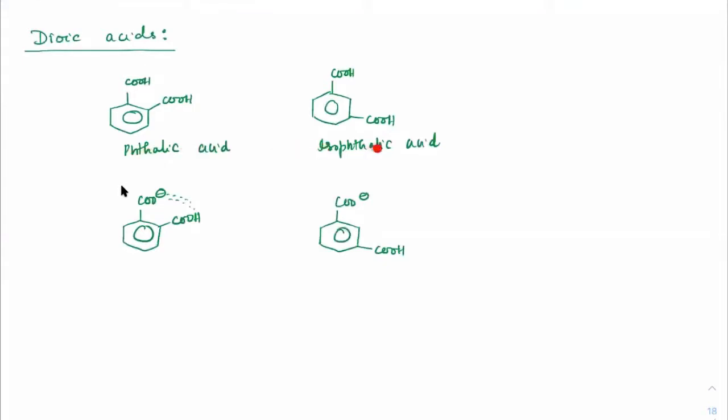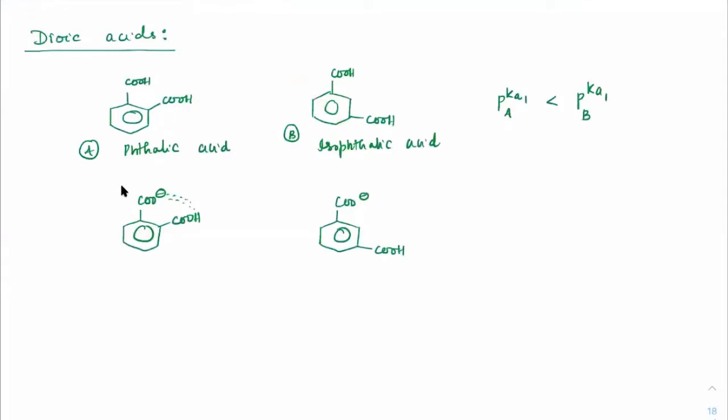So which of these two is more acidic with respect to the first H plus? If I call these A and B, can I say that pKa1 of A will be lesser than pKa1 of B? Everybody understood what I am writing?